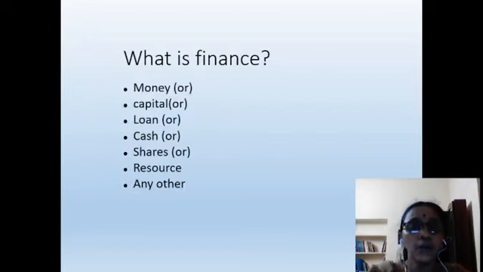Now, before moving into the definition of finance, what could finance be? Is it money or only capital, or loan obtained, or cash, or only the shares, or is it the resources or any other terminology, or a combination of these? I think finance is a broader term which encompasses all these aspects.